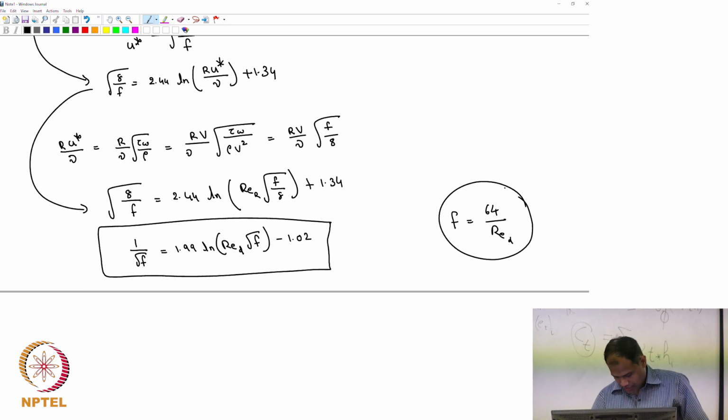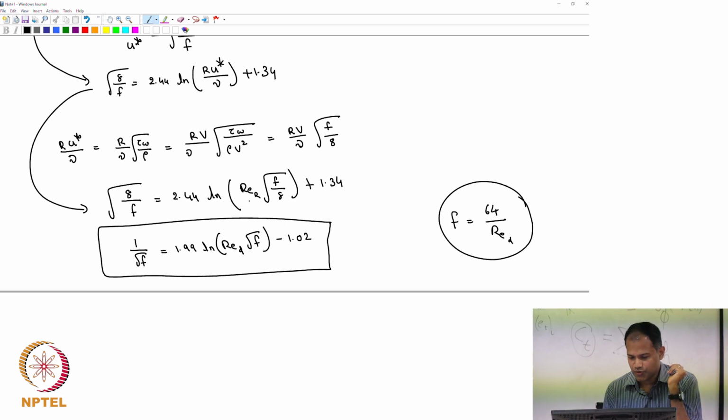Given Reynolds number, if you want to calculate friction factor in laminar flow, it was much easier. But how is it in turbulent flow? Here we had RV by nu, which you can write as Reynolds number based on the diameter divided by 2. So there will be a log of root 2 that will come, which I think is adjusted in that prefactor. Can check.